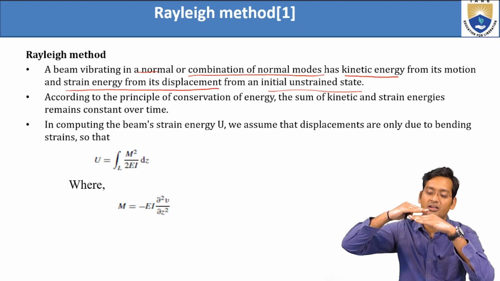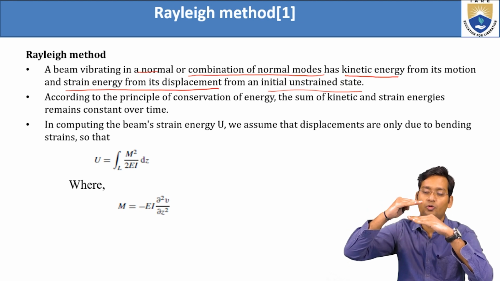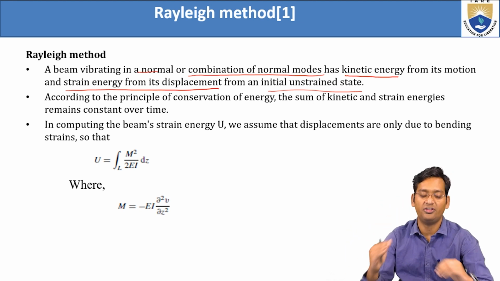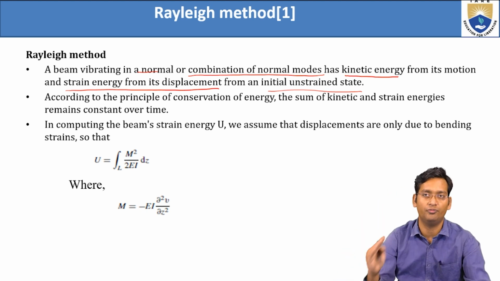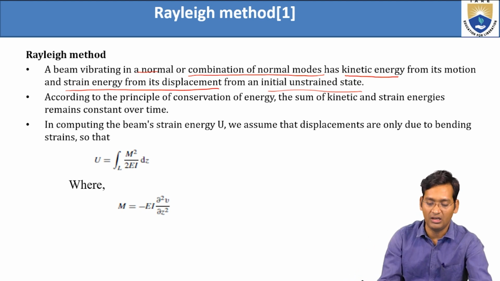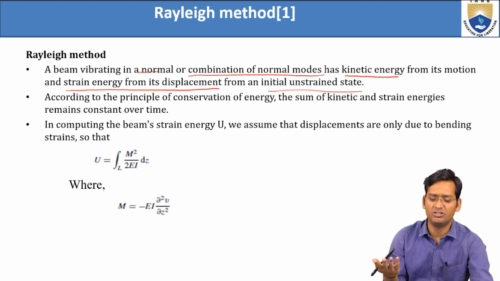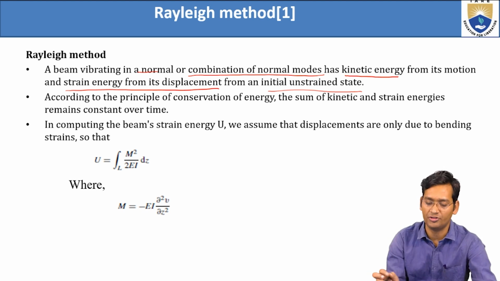Once it starts again, the kinetic energy increases. So the sum of kinetic energy plus strain energy will be there for up and down. One will be less, the other will be more. Where kinetic energy is more, strain energy is less. Where strain energy is more, kinetic energy is less. So according to the conservation law, the total sum should be constant.